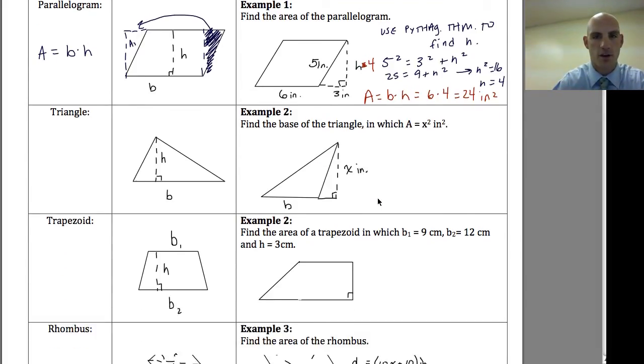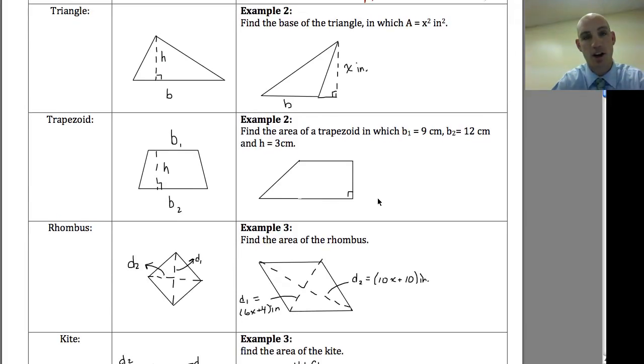Same kind of thing goes for a triangle. If you'll recall, you've probably talked about the formula for the area of a triangle before. The area of a triangle is equal to 1/2 the base times the height. All we need to do is find the base and find the height and put them together in the formula.